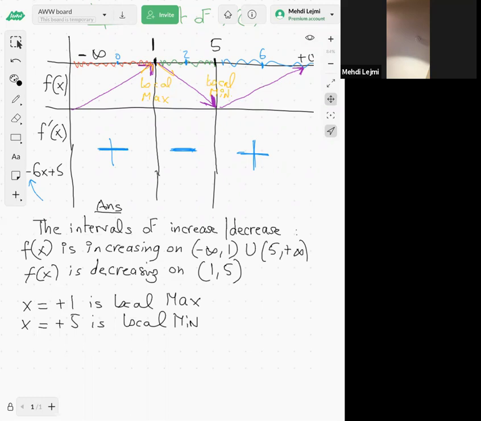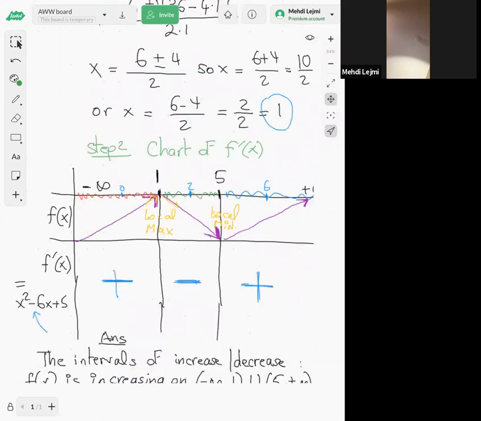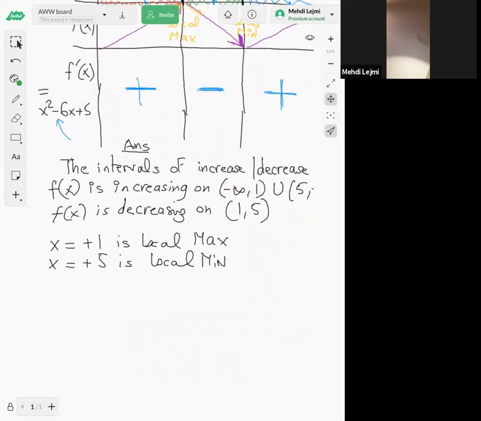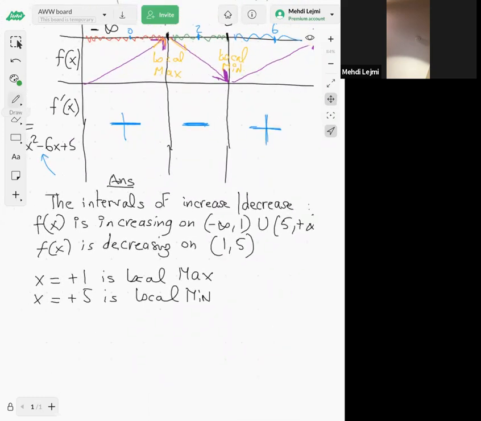Anyway, now the intervals of concavity, when the function is concave upward, when the function is concave downward, and the inflection point. So this is about the second derivative, right? So this is the answer for A and B. Now for the C, the intervals of concavity.